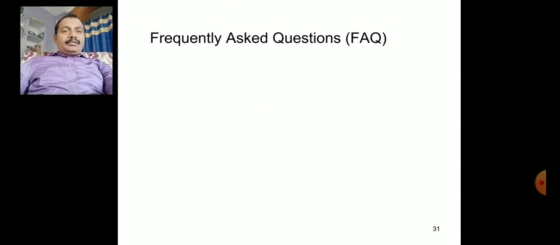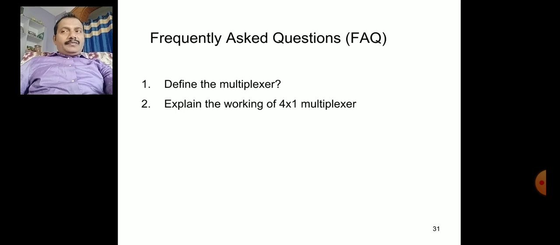So here we have different kinds of questions. Define the multiplexer, explain the working of 4 to 1 multiplexer, explain the working of 1 to 4 demultiplexer. That we will see in the assignment.